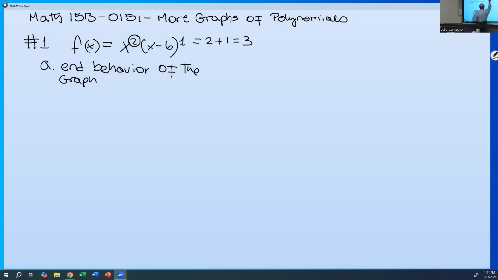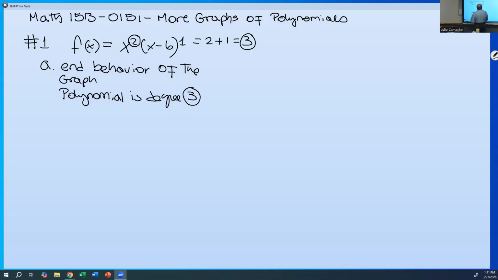So you can say that the polynomial is degree 3. Why is it important? Because the second question you need to ask yourself is, is 3 even or odd?